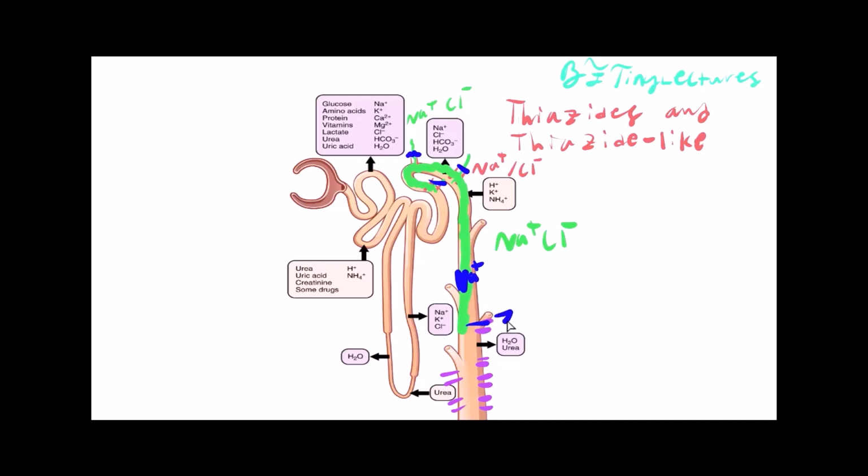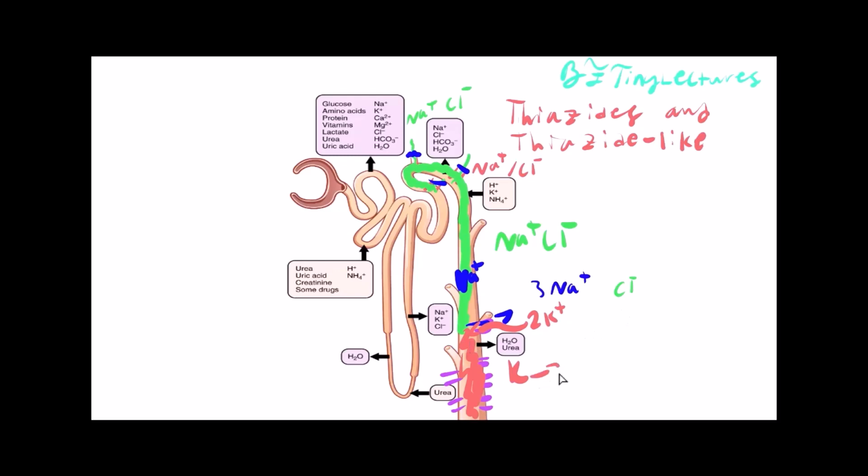This is a sodium potassium ATPase channel. So 3 sodium leave, but when this happens, you now have 2 potassium entering right there. And again, you also have some chlorides also leaving with the sodium. But now you have this high concentration of potassium, and that gets excreted out of the body via the urine.